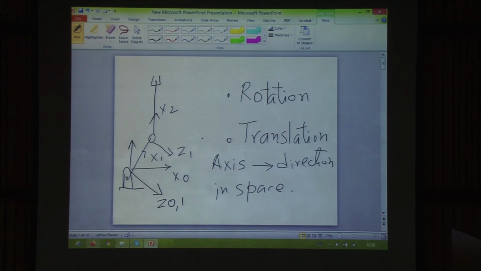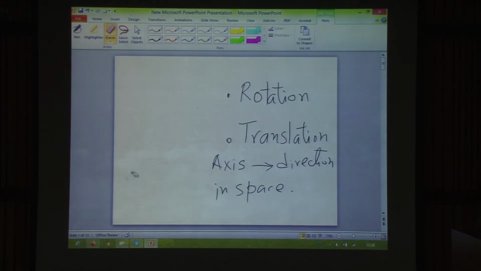Let me draw this again, this has got very messy. So I have my base point here, and one link here, one link here, one link here, a number of links. I need to know the position and orientation of the end effector with respect to the base frame, which is not moving. Now how do we know that?